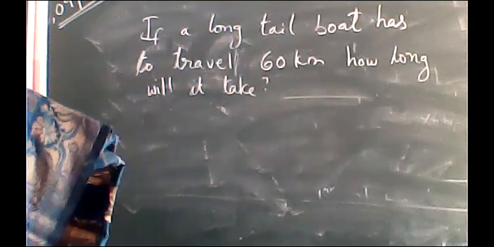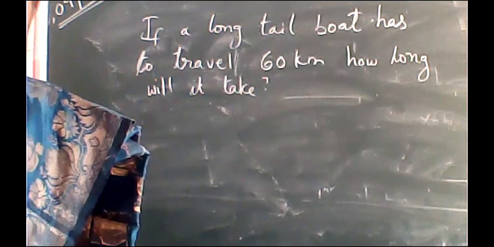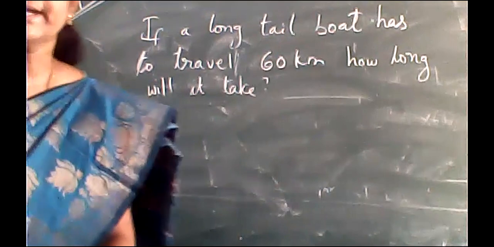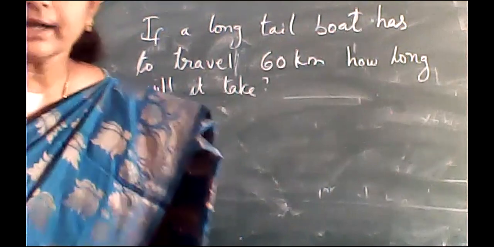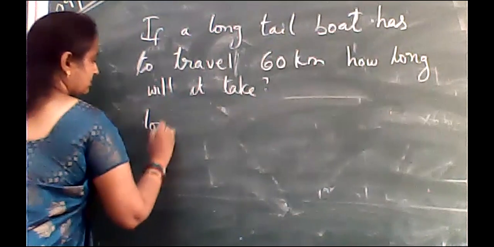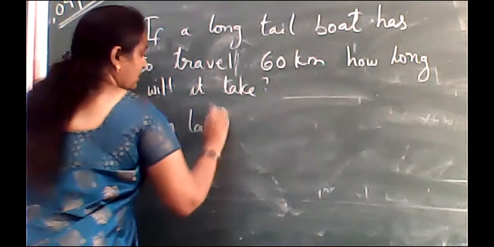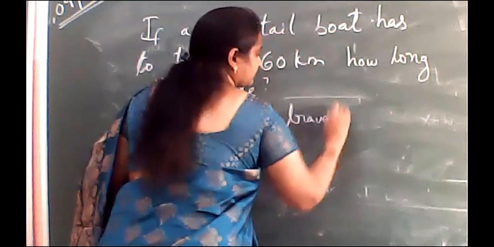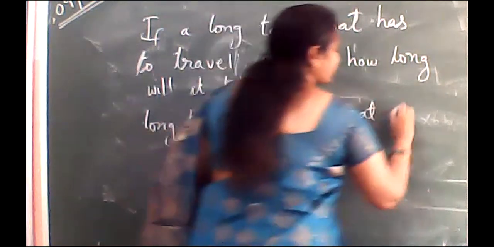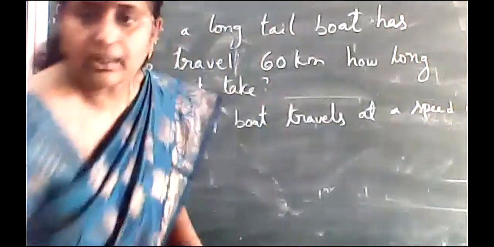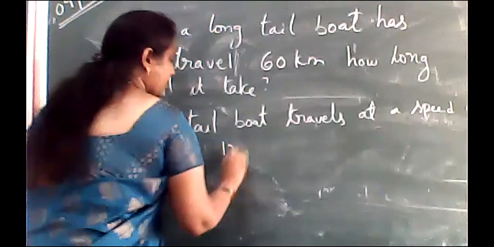If a long tail boat has to travel 60 kilometers, how long will it take? From the table, what can we say? Long tail boat travels at a speed of 12 kilometers per hour.